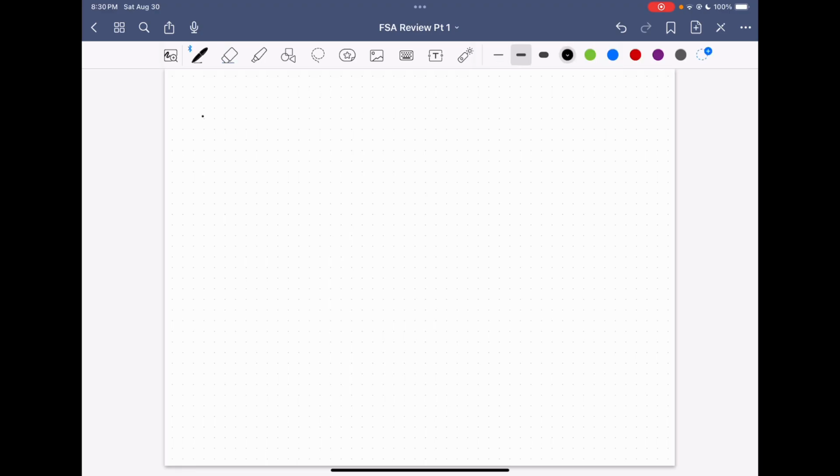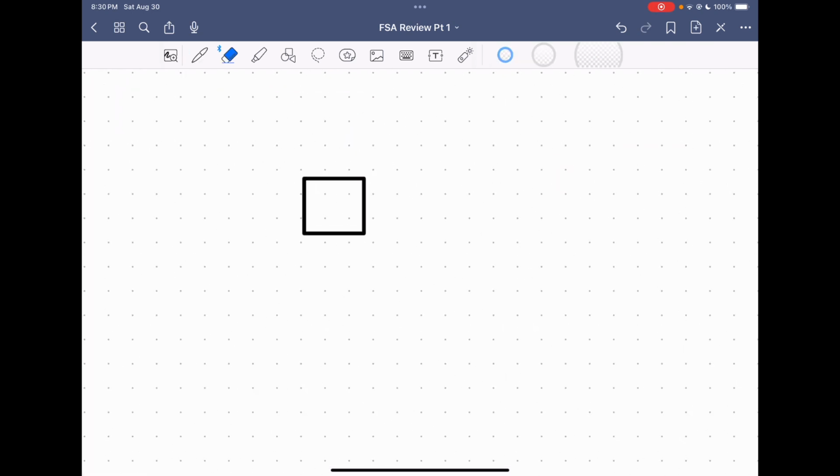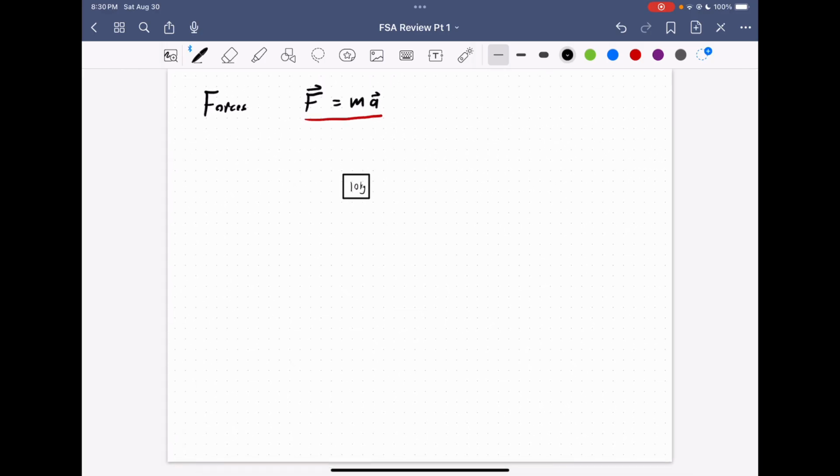So going back to forces, right? We know from our equations that force equals mass times acceleration. So what does that mean? Well, if we have a box floating in space and this box has a mass, we can give it a mass of 10 kilograms.